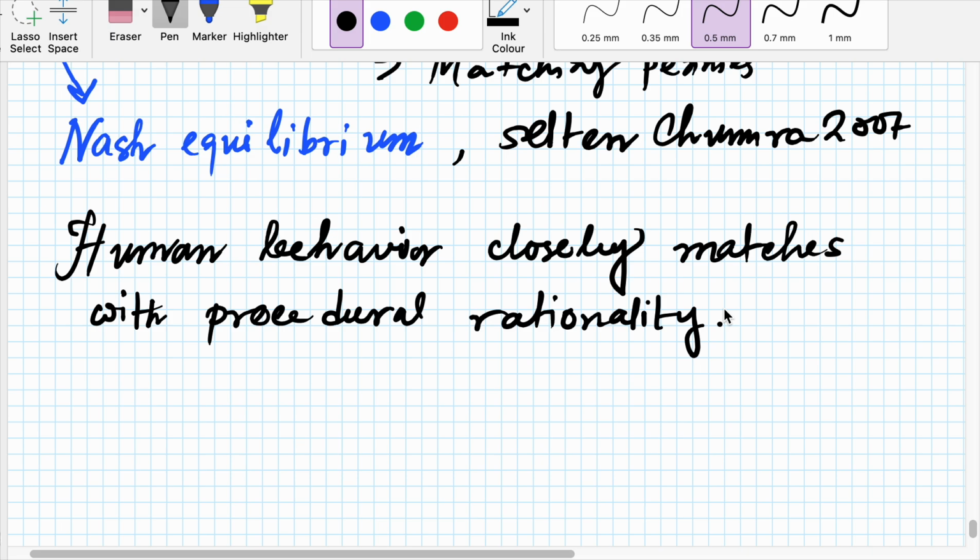That we learned in the very beginning of this course, when we were talking about decision making under uncertainty. We first learned about the concept of VNM utility, then we went through this concept of procedural rationality.